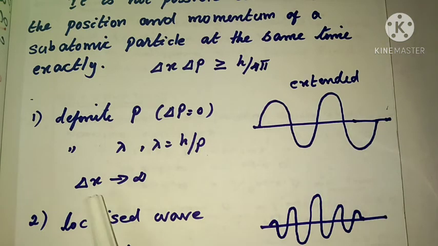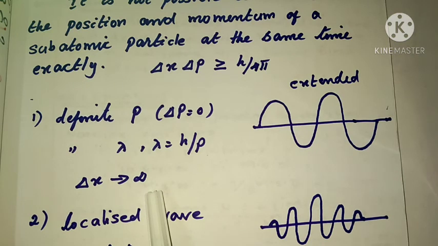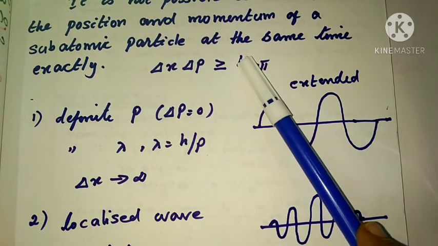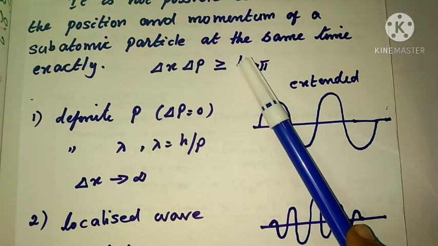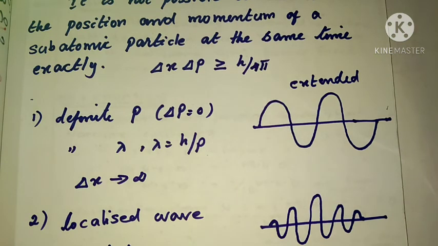So this represents that the position uncertainty is infinite. Clear? So that is the uncertainty principle. So the de Broglie relation must be reconciled with Heisenberg's uncertainty principle.